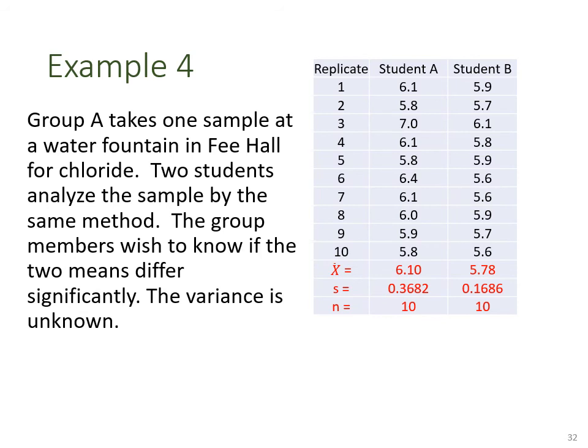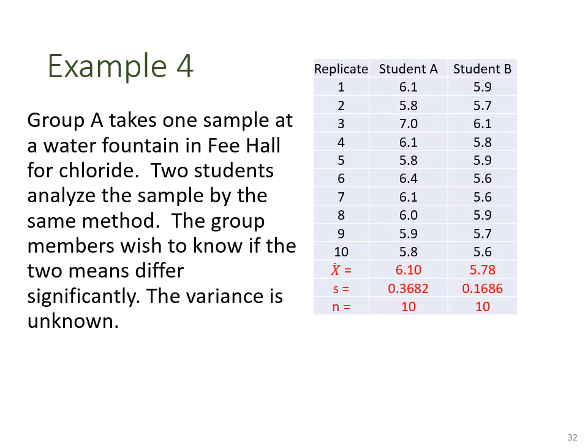So in this case, we have group A goes out. They take one sample at a water fountain in Fee Hall for chloride, and the two students analyze the sample by the same method. They do 10 replicates on that same sample, and they wish to know if the two means differ significantly.